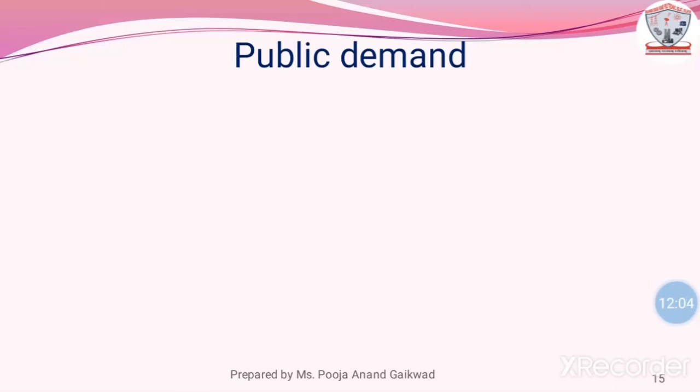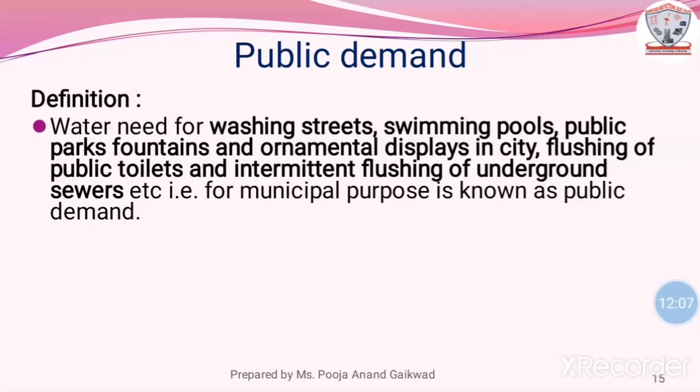Public demand. Definition. Water needed for washing streets, swimming pools, public parks, fountains, and ornamental displays in the city, flushing of public toilets and intermittent flushing of underground sewers, etc., that is for municipal purposes, is known as public demand.